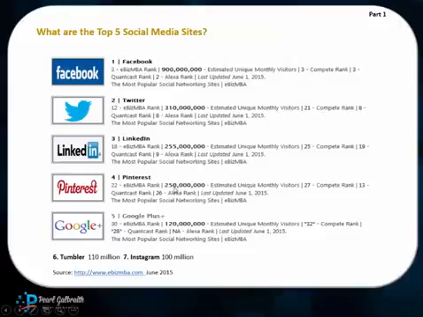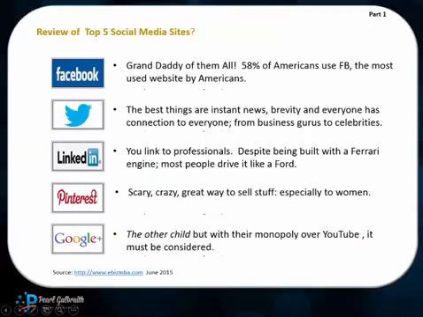Pinterest, 250 million users. Google Plus, 120 million users. And then number 6 is Tumblr at 110 million. Number 7 is Instagram with 100 million users. All of this information was as of June 2015.